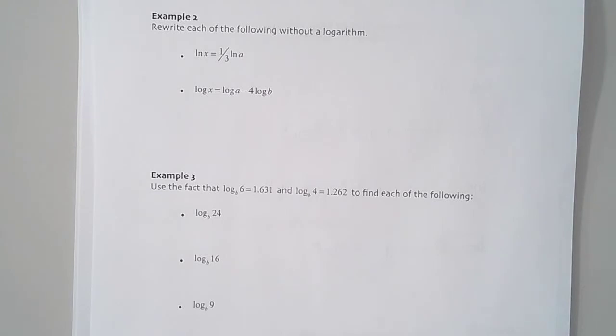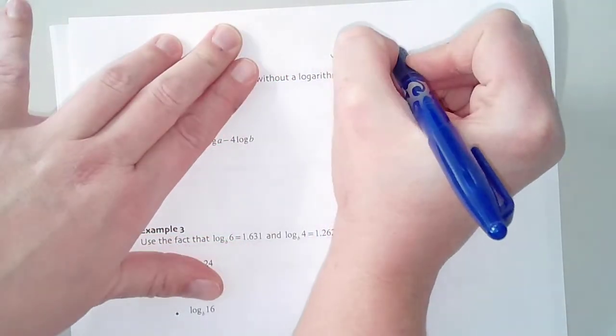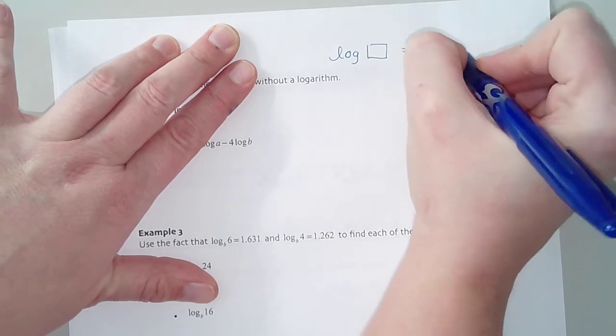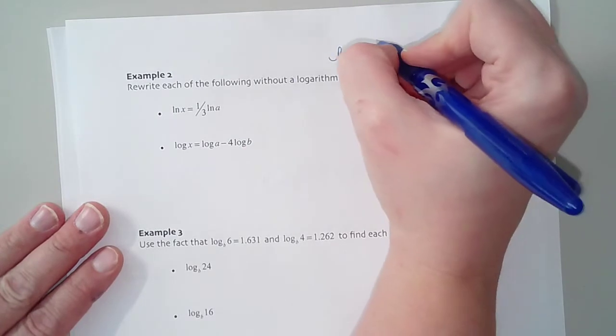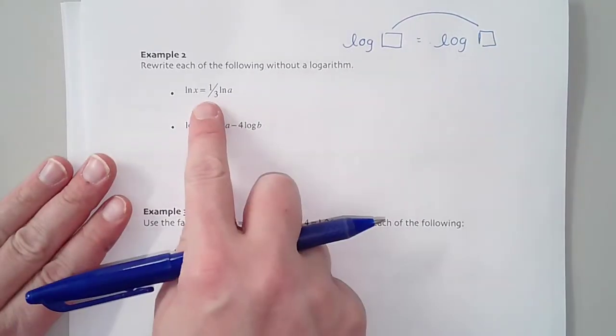You can't do that. But what we can do is get it to the point where we've got like log of something equals log of something else. And if we can get it written that way, then I can conclude that the two somethings are equal to each other. Okay?